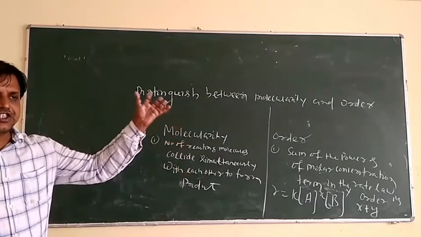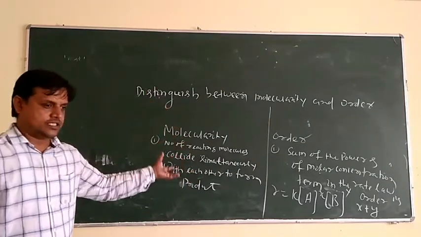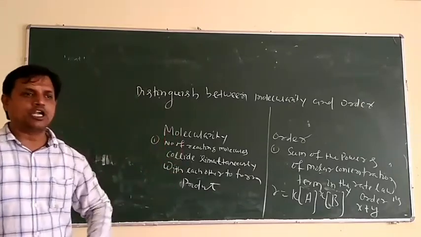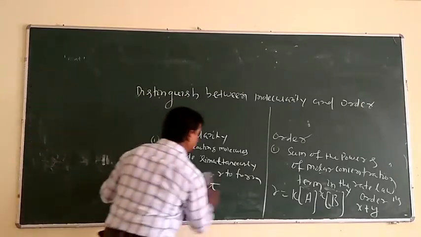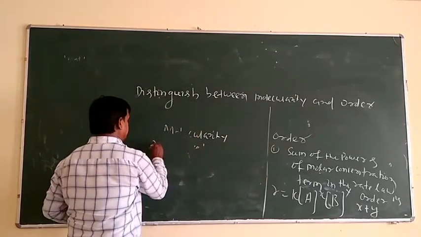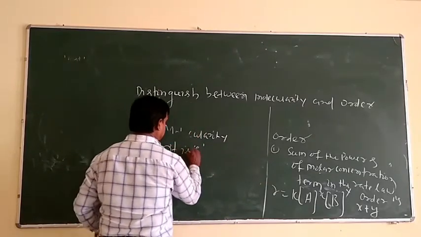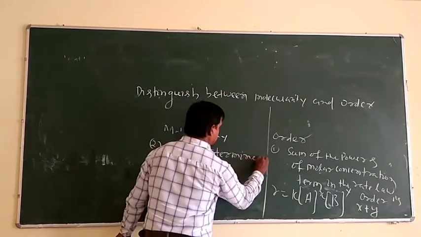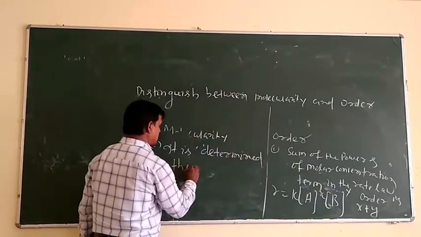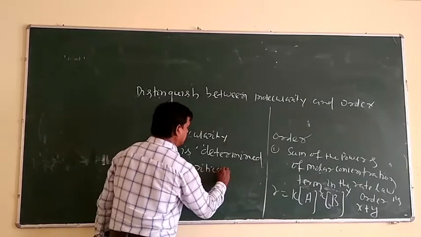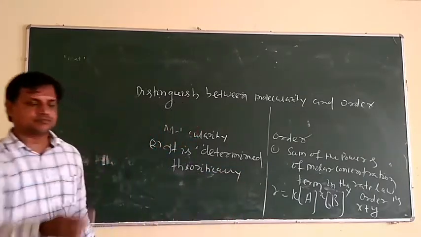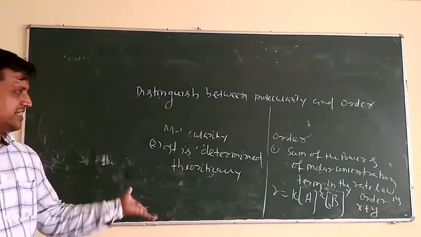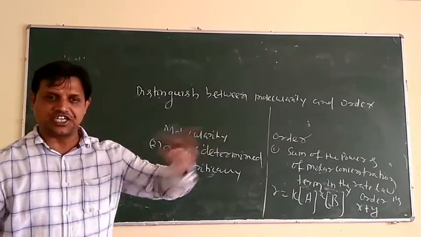Molecularity is a theoretically determined quantity. Theoretically determined means if you see the chemical reaction you can calculate the molecularity. But order is not theoretical.